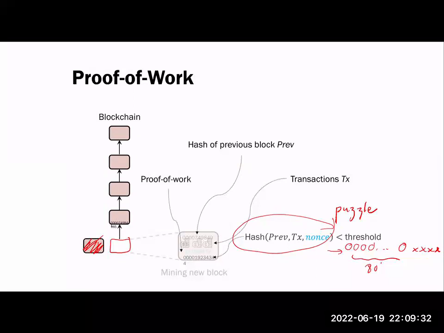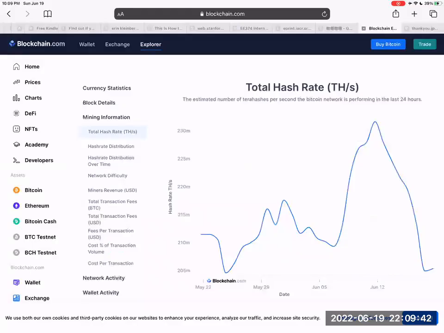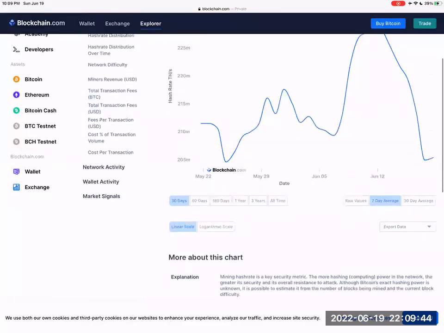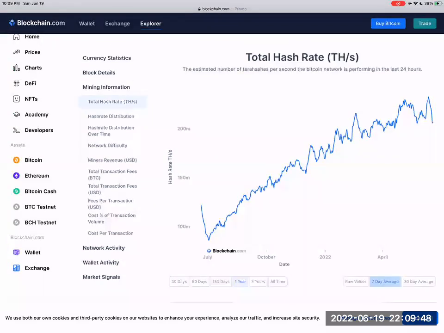All right, so let's see. Remember that we had earlier this hash rate business that we talked about. Let's see now what that means. Before someone asks me what the heck this hash rate is, hopefully my explanation is clear.